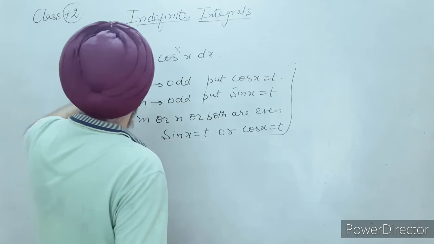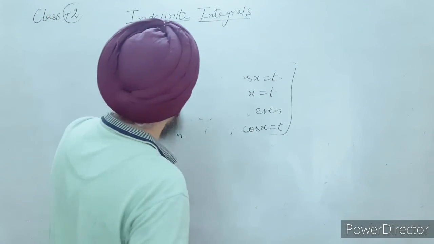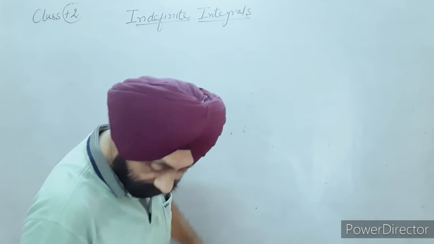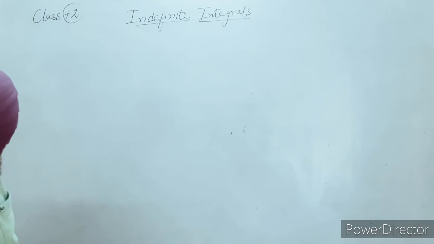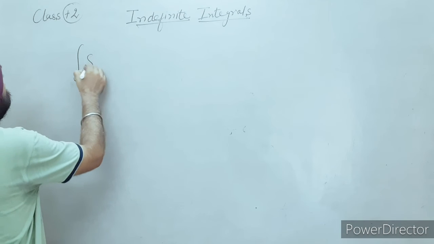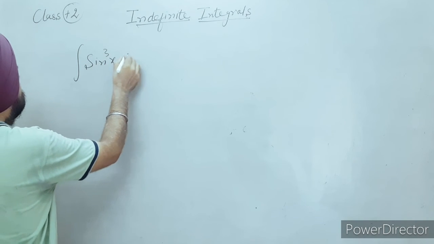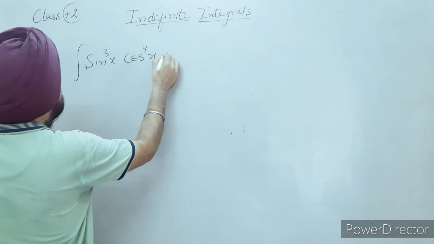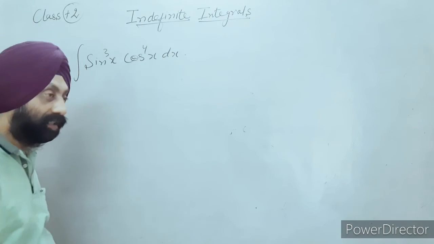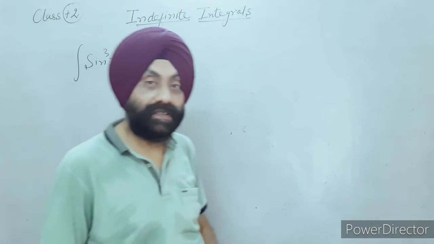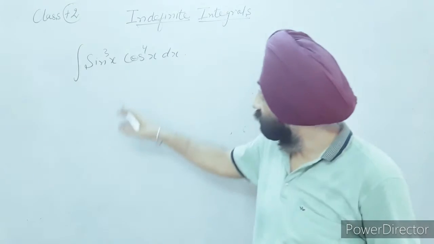Now I will do a question for you based on this concept. The question is: integrate sin cube x into cos 4x dx. Now the exponent of sin x is odd over here, that is 3.